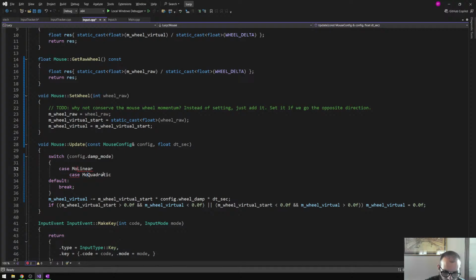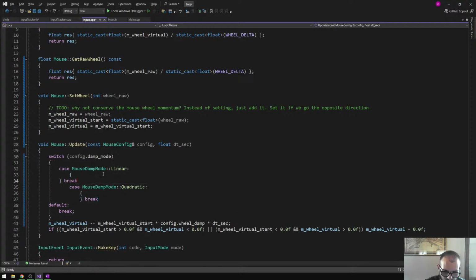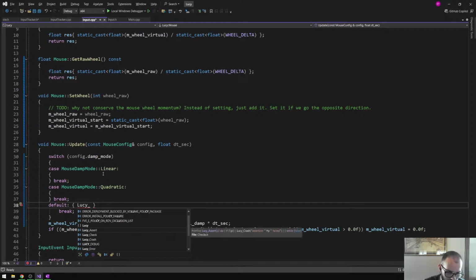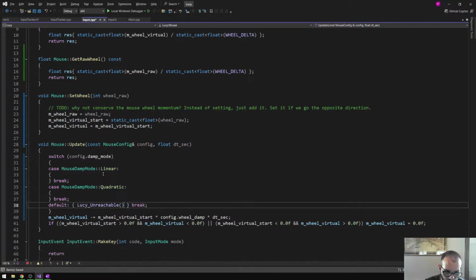Case mouse damp mode linear. Come on Visual Studio, you can do it. It's not that hard. Default, dude, this should never happen. Unreachable.